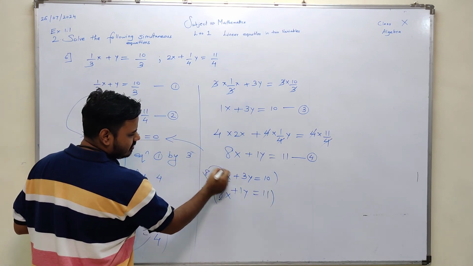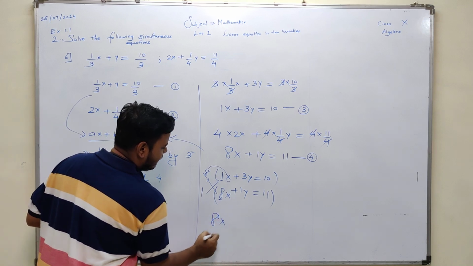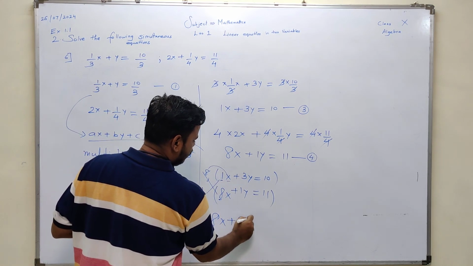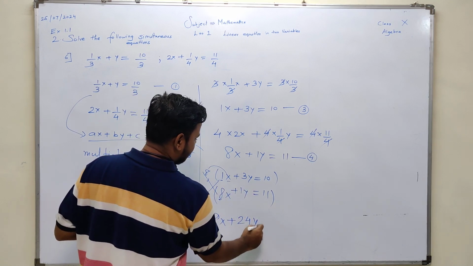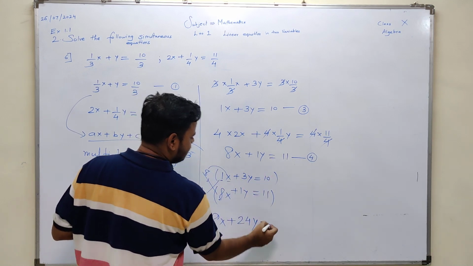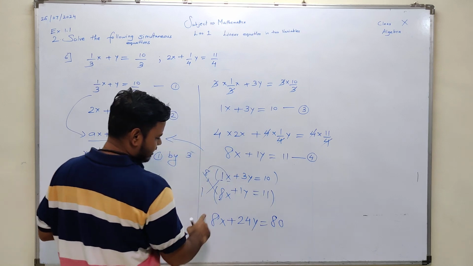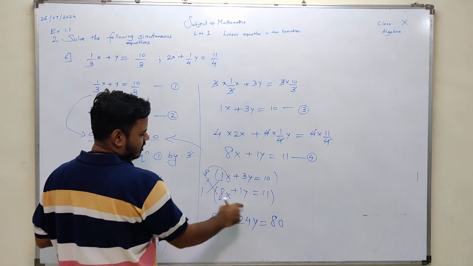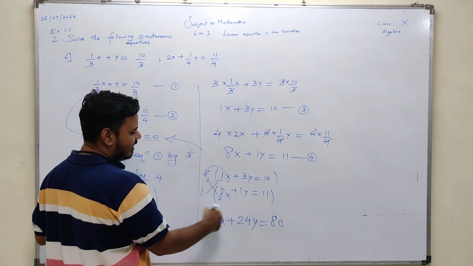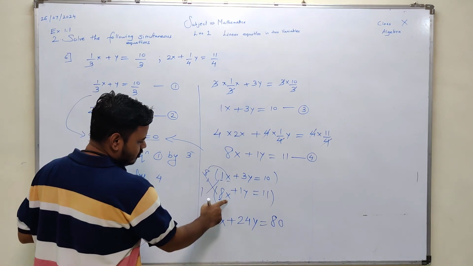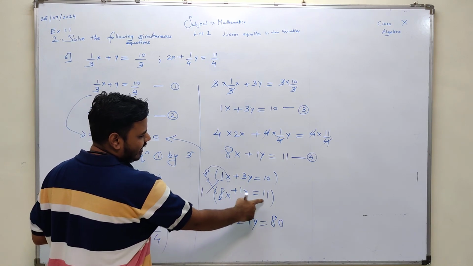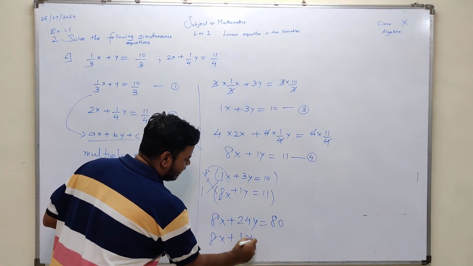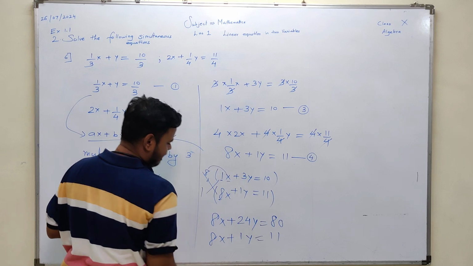So 8 ones are 8x plus 8 threes are 24y is equal to 8 tens are 80, and equation number 4 will remain unchanged. If you multiply it by 1, it will make no difference. So it will be 8x plus 1y equal to 11.